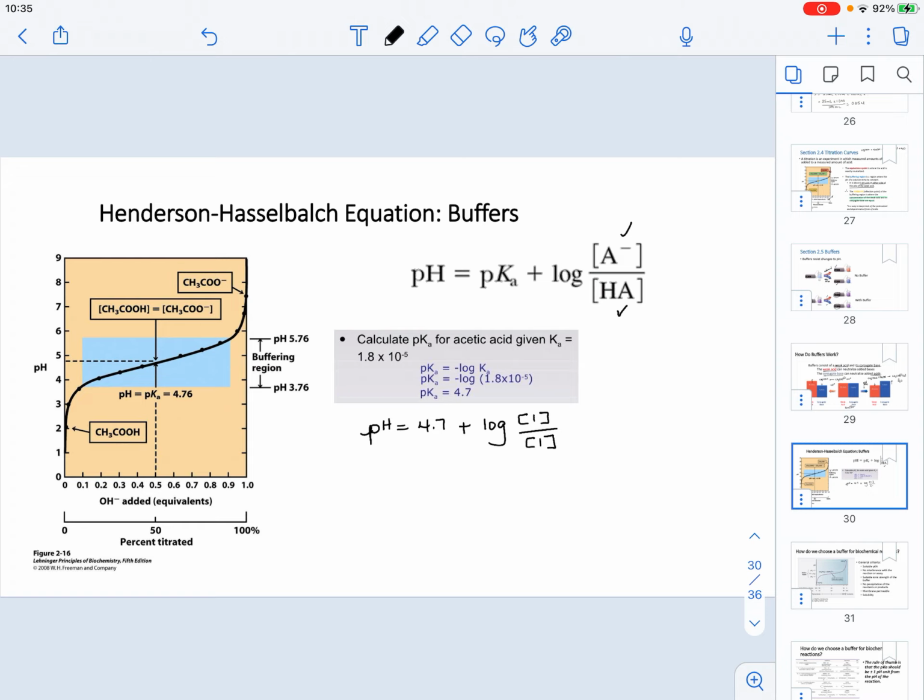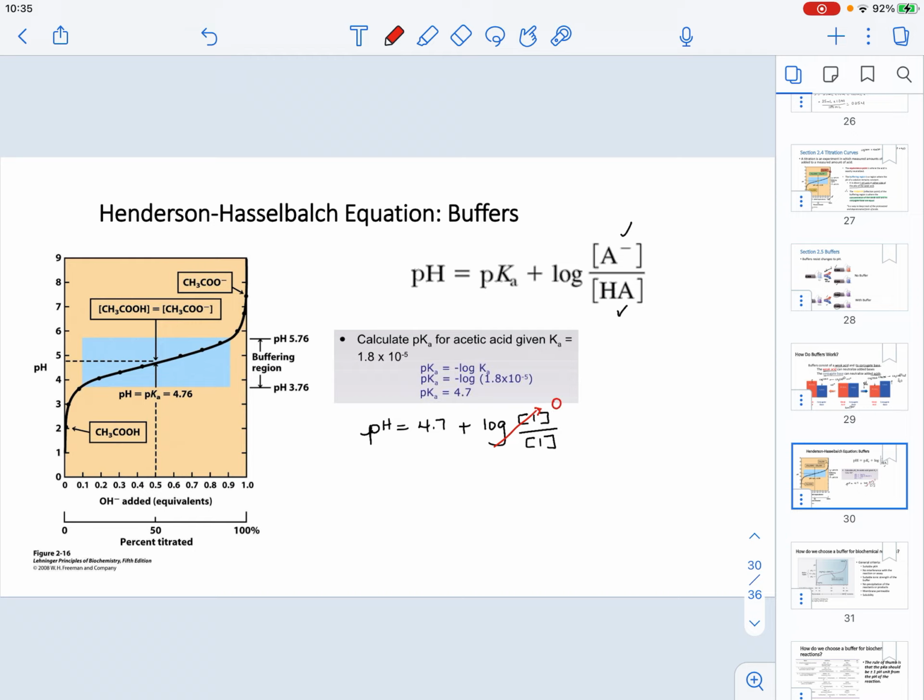If both concentrations are 1, you could use 0.1 over 0.1. Because this log term is log base 10, log of 1 equals 0.